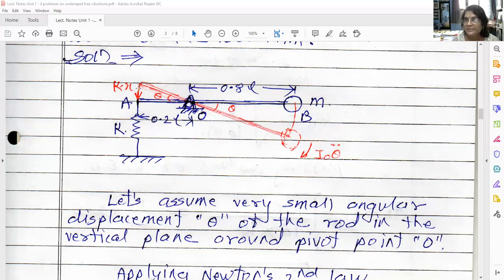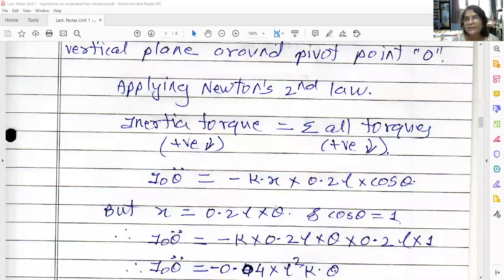Force is K into X, it is minus because anti-clockwise, so minus Kx into the perpendicular distance, which is 0.2 L, into cos theta. So I_O theta double dot is equal to minus Kx into 0.2 L cos theta. But we know that as theta is very small, cos theta is equal to 1.